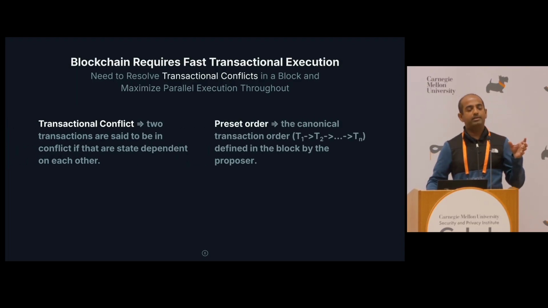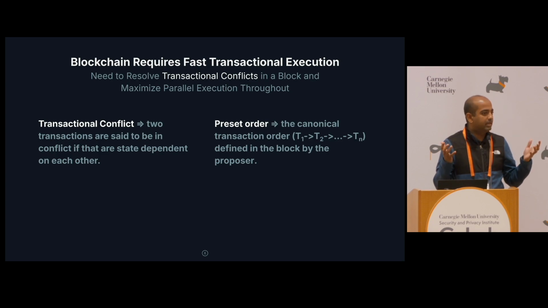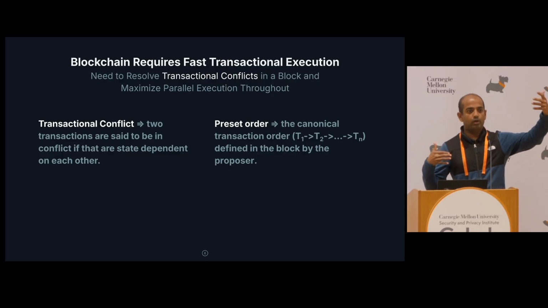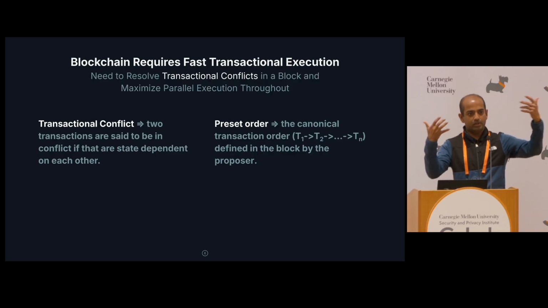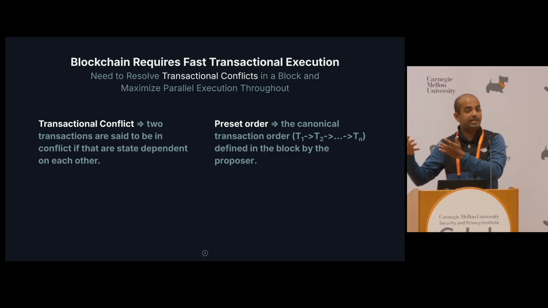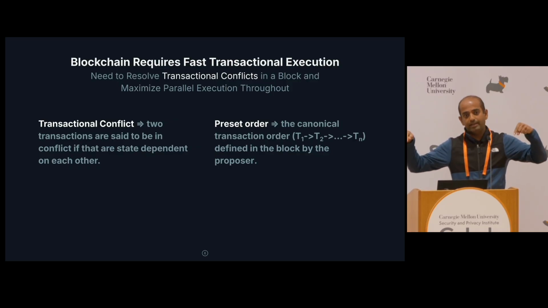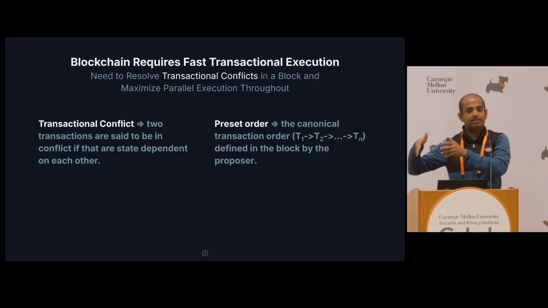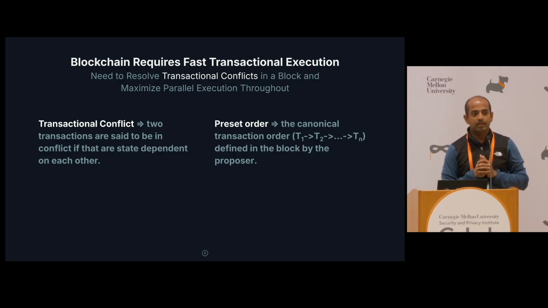But more importantly, unlike a classic parallel execution problem for those of you familiar with it in the Web 2 world, in the Web 3 world we have to follow this preset order. The block proposer gives you the set of transactions to execute and the order in which they have to be executed, because each of the validators has to reach an output that is consistent with each other at the end of the day. So you are expected to respect this preset order.